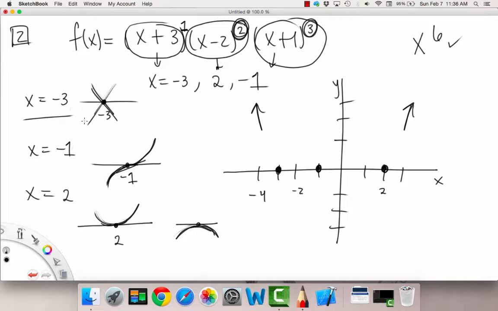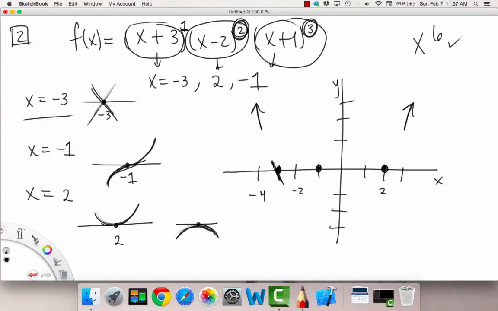At x equals negative 3, we want some kind of linear crossing of the graph. It has to look like a line with a negative slope, because otherwise we'd have to cross the graph again to get from one part to the other, and we don't have any other intercepts. So we have a negative crossing at the root of negative 3.